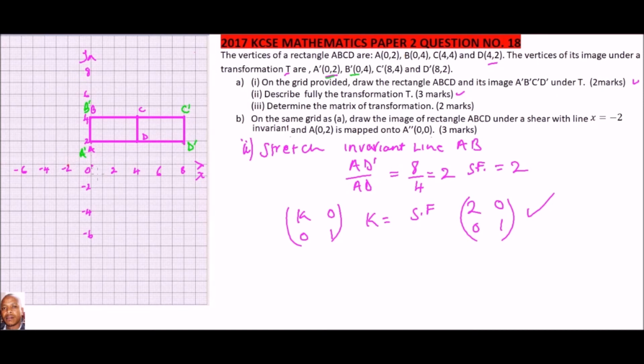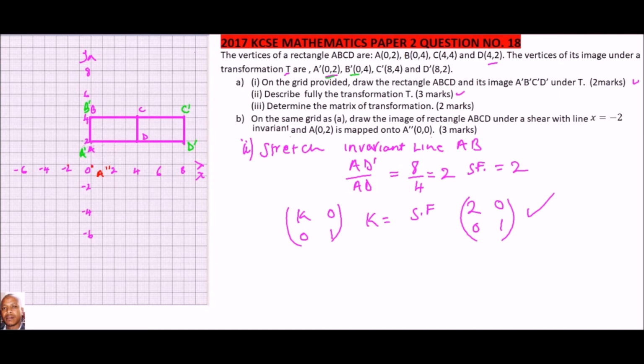So A is mapped onto this, which is our A double prime. And since our invariant line is x = -2, we say that under shear, area is always invariant. So the area of the image and the area of the object are the same. And each line not parallel to the invariant line intersects with its image in the invariant line.